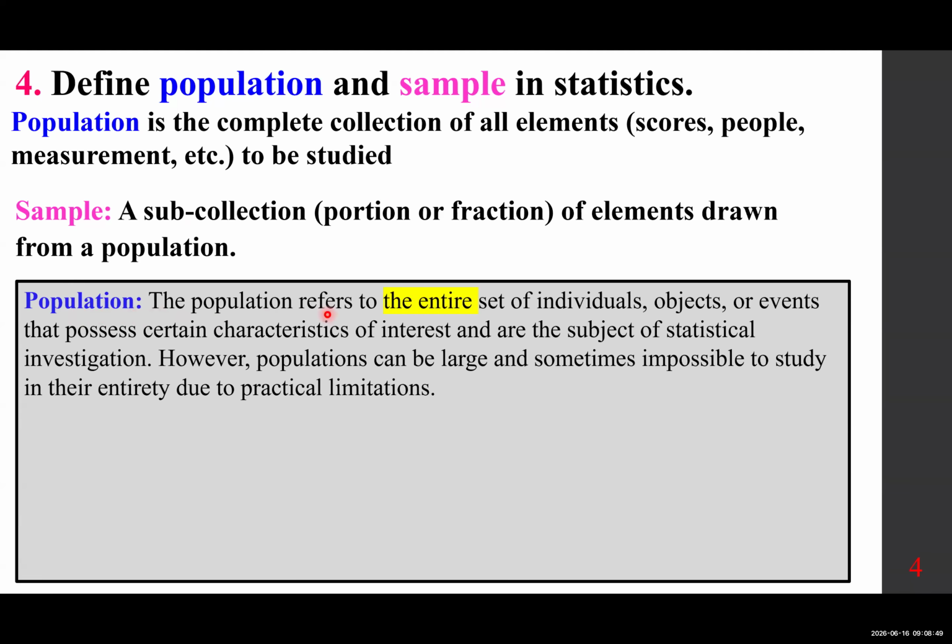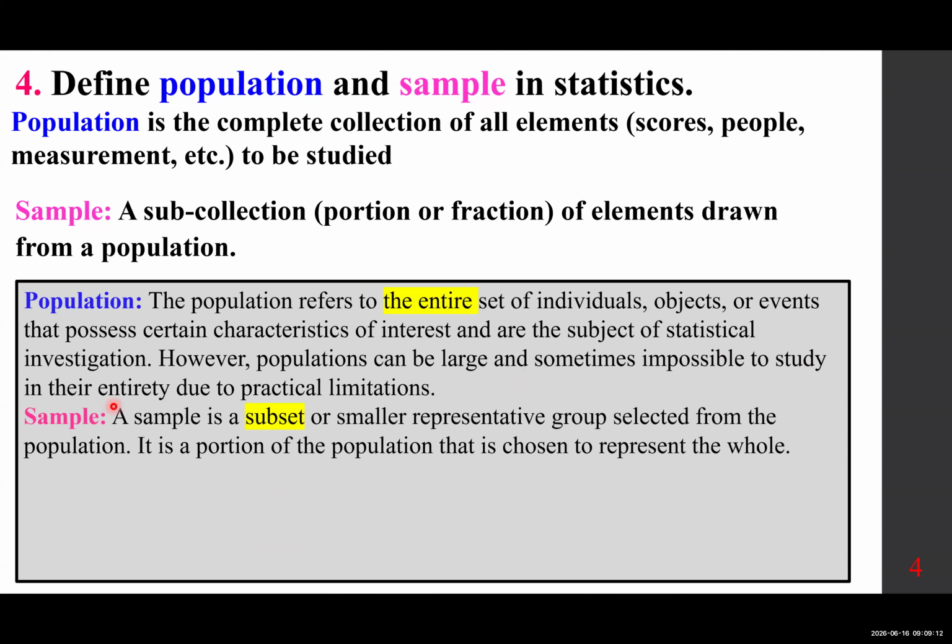Well, population. The population refers to the entire set of individuals, objects, or events that possess certain characteristics of interest and are the subject of statistical investigation. However, populations can be large and sometimes impossible to study in their entirety due to practical limitations. Sample.